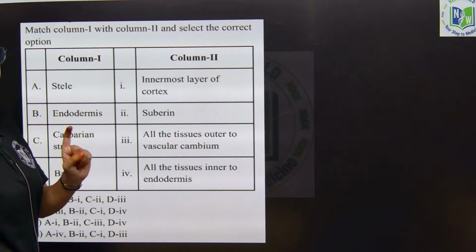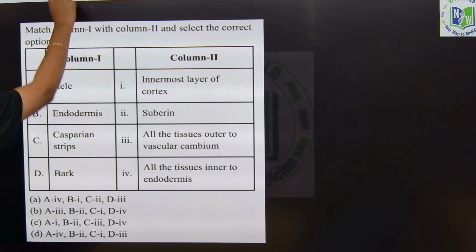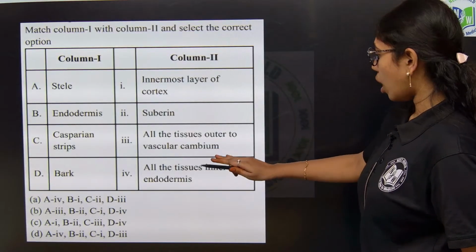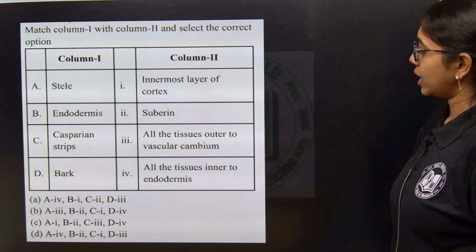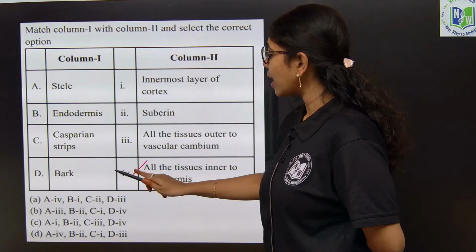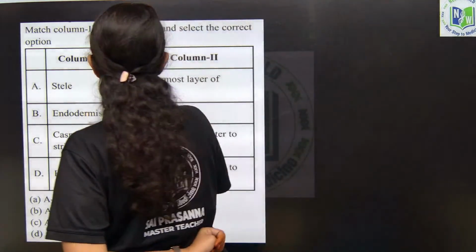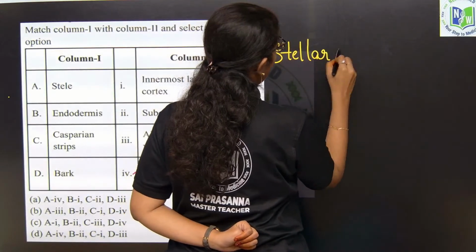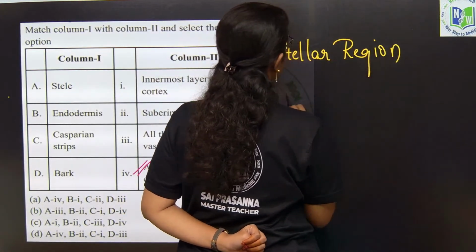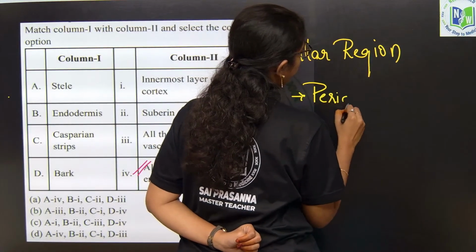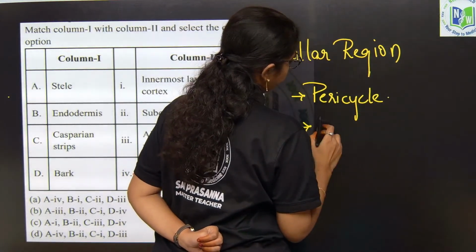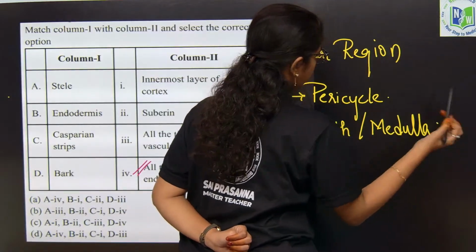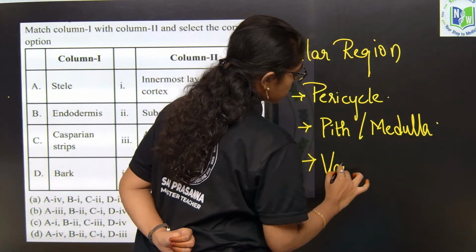Match column 1 and column 2 and select the correct option. Okay, we have to select the right option. Stele, if you see, all the tissues are inner to the endodermis. Yes, all the tissues inner to the endodermis are the stellar region, wherein the stellar region or stele includes what? It includes pericycle, pith or medulla, and vascular bundles.